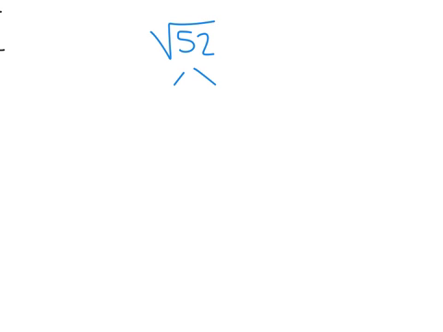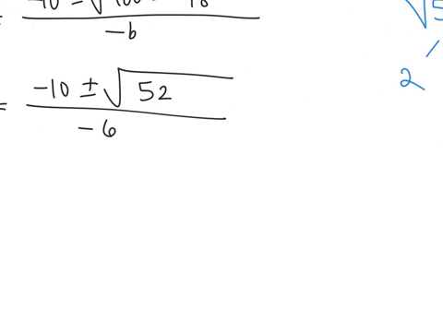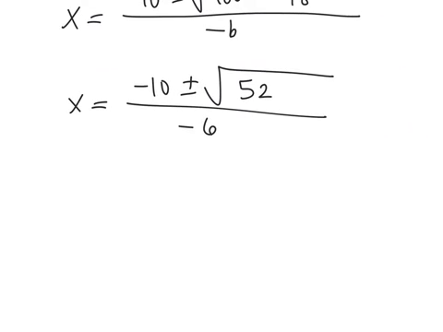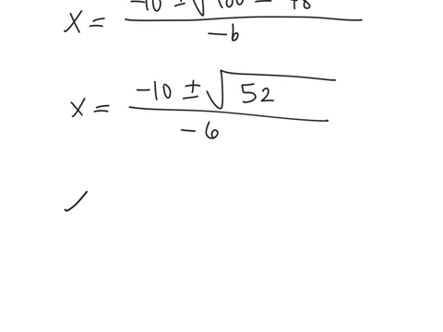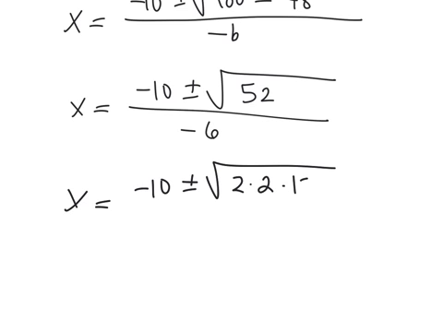Well, 52 is 2 times 26, which is 2 times 13. So 52 is 2 times 2 times 13. So x is equal to -10 plus or minus the square root of 2 times 2 times 13 over -6.